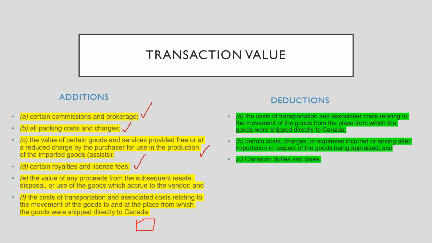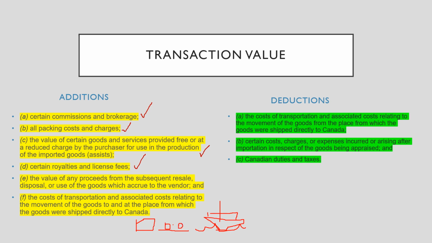Let's say this is the manufacturing site, and he had to move it to the port, right? This is actually a port, and this is a vessel. So let's say this is the container, and he had to use a truck to move those goods.